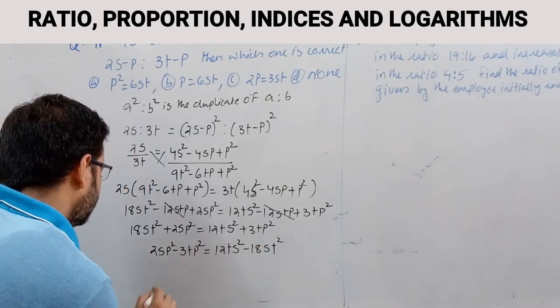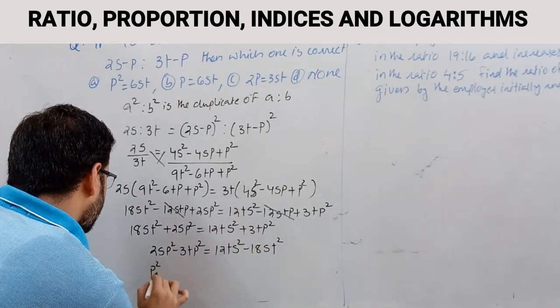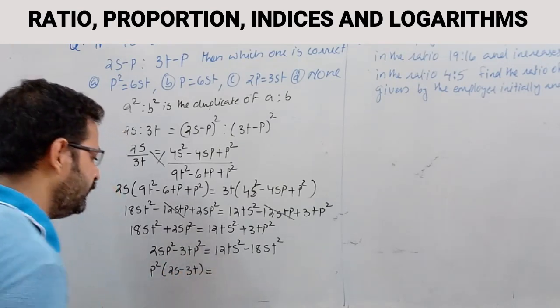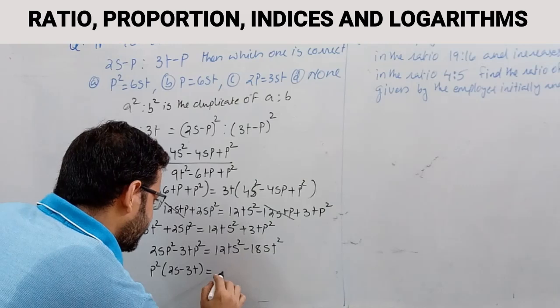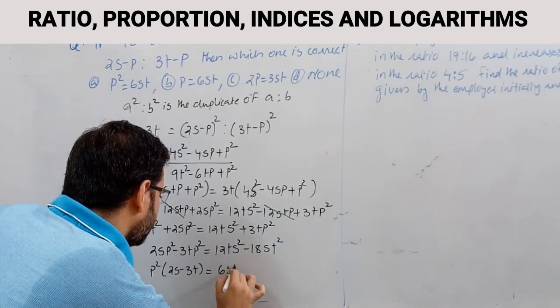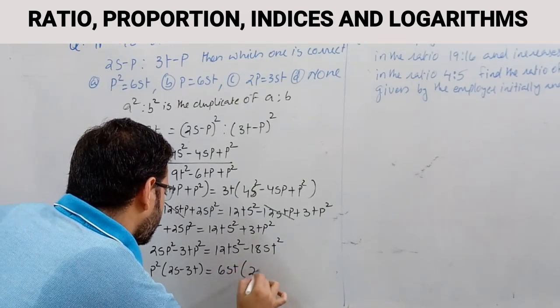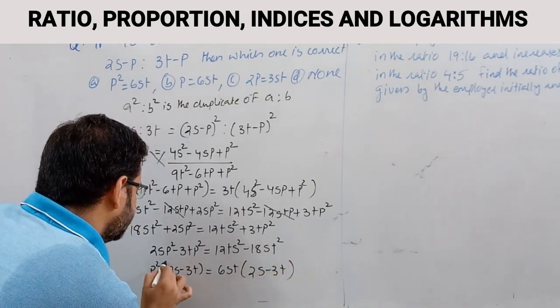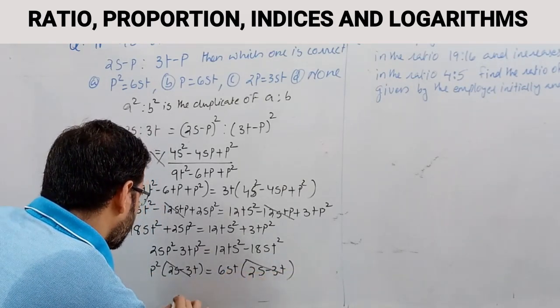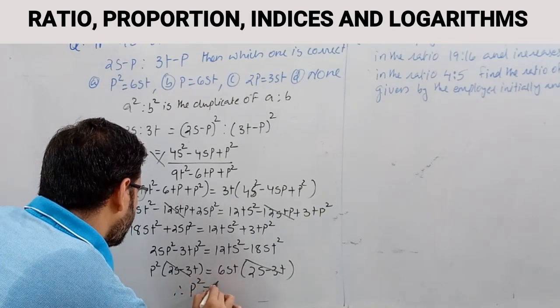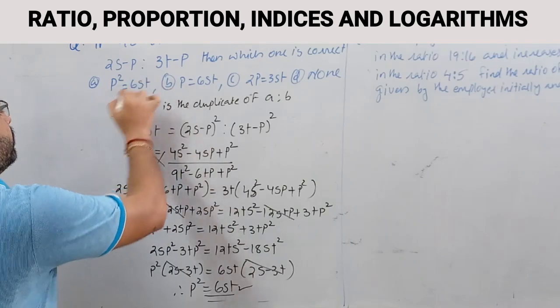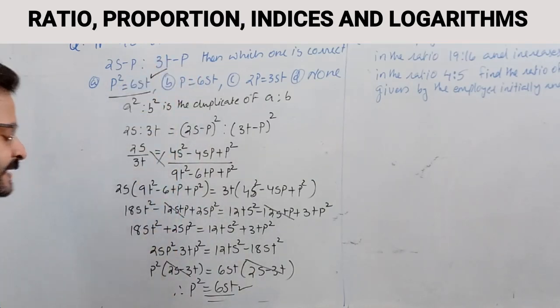That means we can take p square common, then 2s minus 3t. Here we can take 6st common, then 2s minus 3t. 2s minus 3t will get cancelled, therefore p square equal to 6st. Answer will be p square equal to 6st.